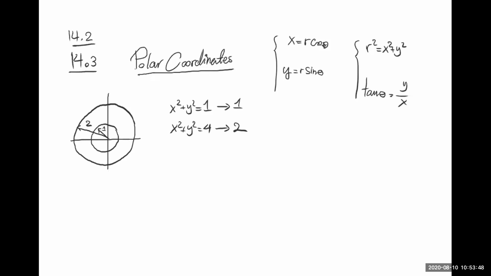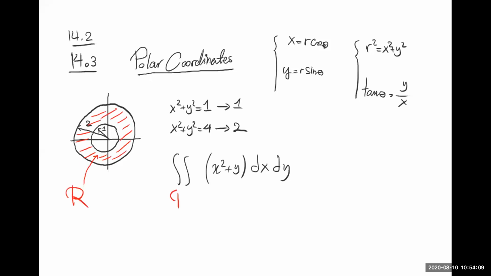And then we want to compute the integral of a function here, say x squared plus y dx dy above this region, above this ring between these two circles. So let's call this red place R, above this place R.